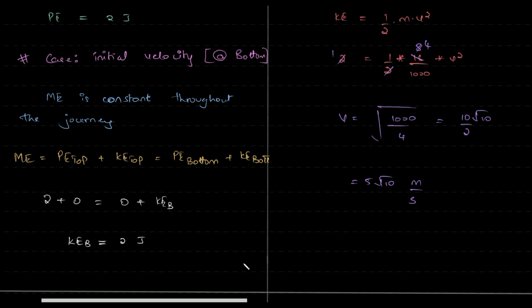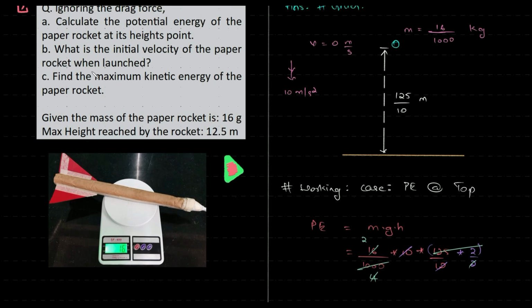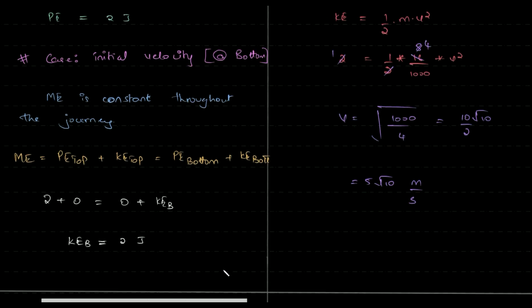What else do we have? Oh yeah, the last part. Find the maximum kinetic energy of the paper rocket. Where will the kinetic energy be maximum? At the bottom. We already found it, we just have to explain it. Case: maximum kinetic energy.